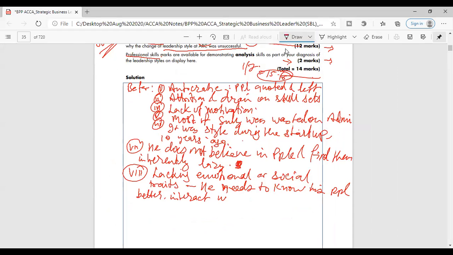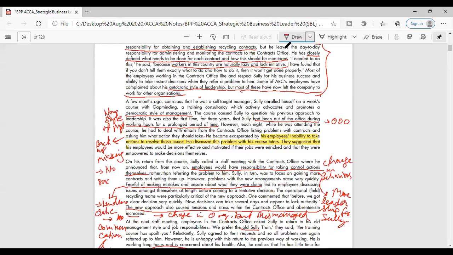So, lacking emotional or social traits, he needs to know his people better, interact with them, and he is developing stereotypes, which is causing distrust, and he's not able to delegate the work.